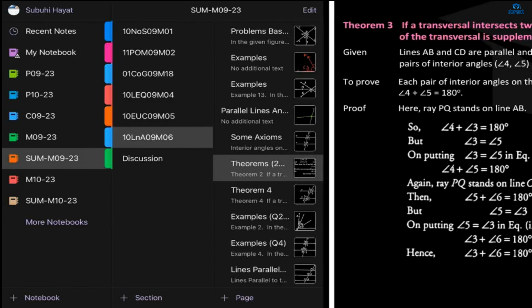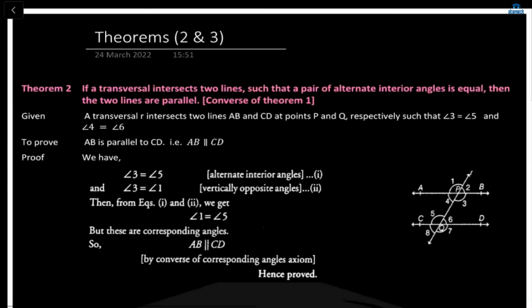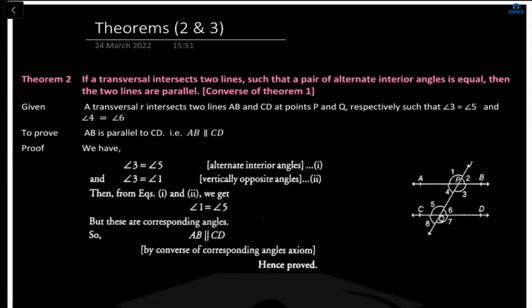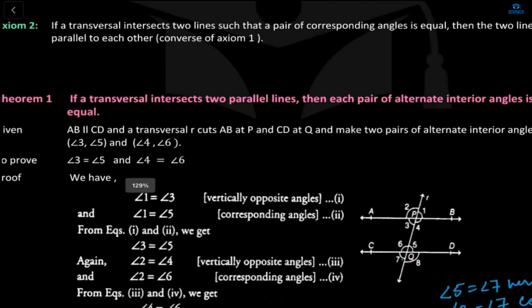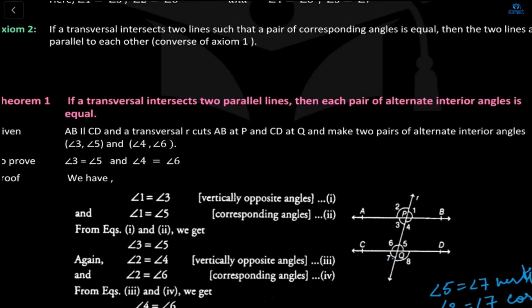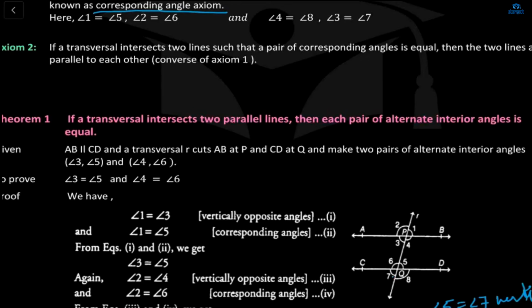Okay. Now let's check theorem 3. We have already done theorem 2, which was the converse of theorem 1. And what was theorem 1? Just quickly we'll see here. Theorem 1: if a transversal intersects two parallel lines, then each pair of alternate interior angles are equal. Before that, we have done two axioms also. The axiom name was the corresponding angle axiom, which says that if the lines are parallel, then your corresponding angles are equal.